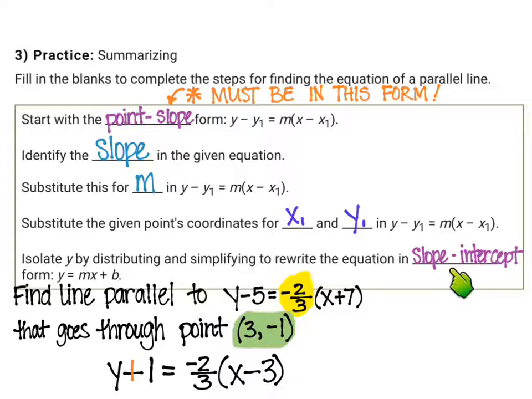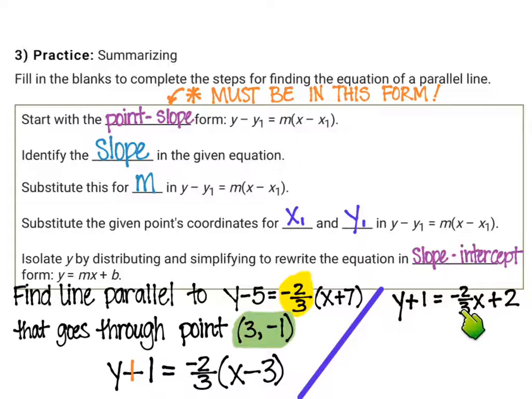But if I want to get it into slope-intercept, we need to distribute the negative 2/3, and then we need to subtract the 1. So here I distributed the negative 2/3. So I had a negative 2/3 times x, and a negative 2/3 times 3. Well, a negative times a negative, let me go back.